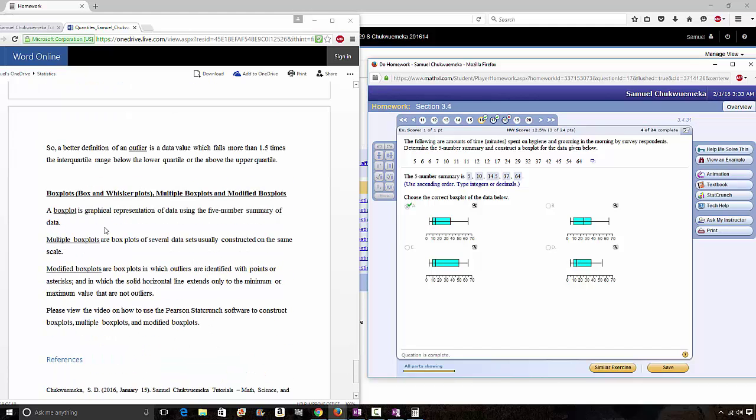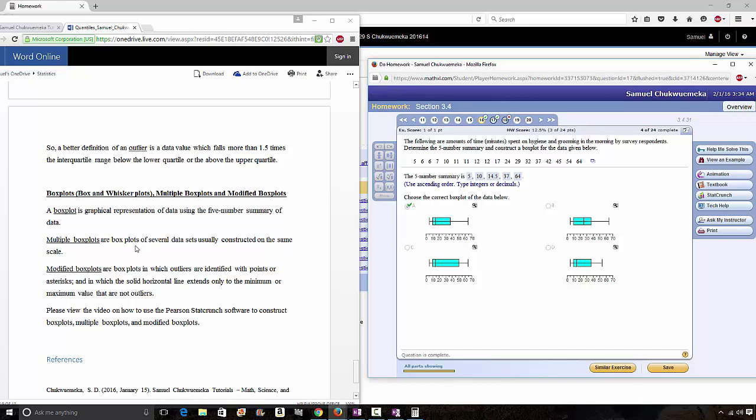A box plot is a graphical representation of data using the 5-number summary. Remember, the first one is your minimum, second is your lower quartile, third is your median or middle quartile or second quartile, fourth is your upper quartile or third quartile, and the last one is your maximum value.